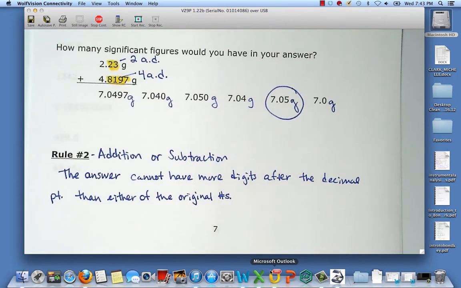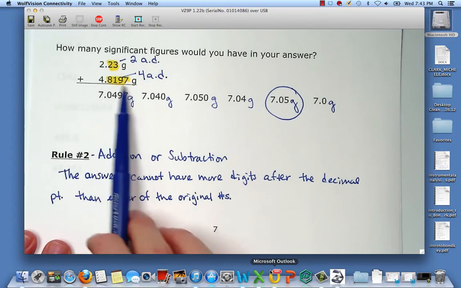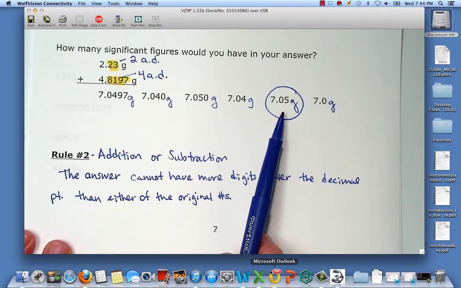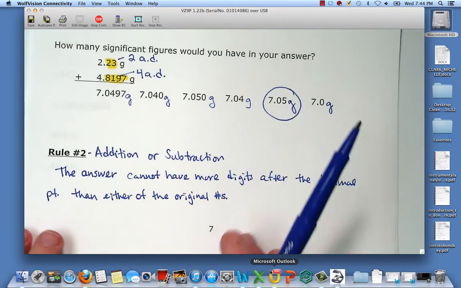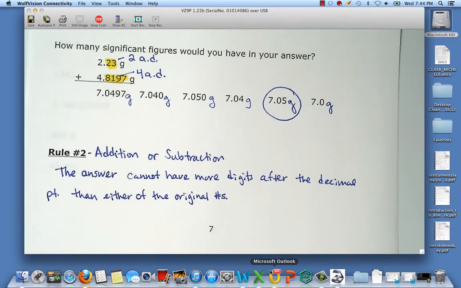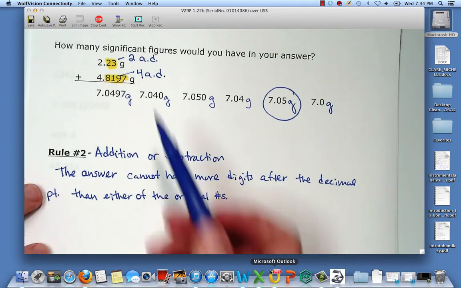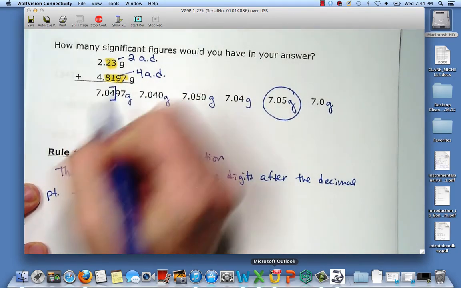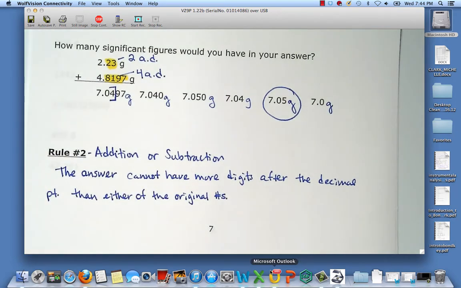So we ended up getting, in our calculator, it reported 7.0497 grams. Well, how did we come up with 7.05 grams? This takes us to rounding, which you were asking about. So you need to have 2 after the decimal point. So I put a bracket around the ones that I'm keeping. Anything to the right of my bracket, I'm not keeping.